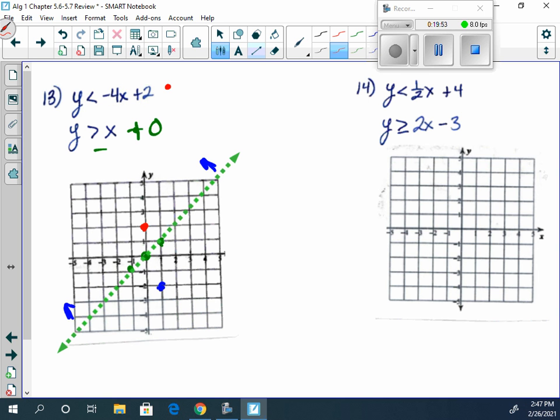So we would go down 1, 2, 3, 4, and right 1. And again, our line would be dashed because it's not solid.